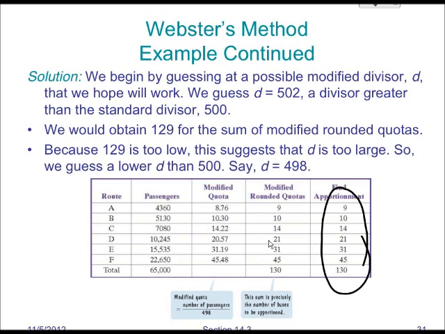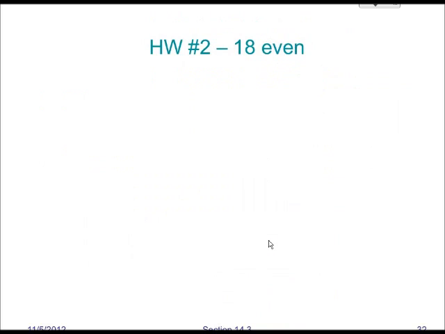So here's our final apportionment. For Webster, this is the trickiest because numbers can be rounded up and or down. The others are easier because it gets rounded one way, so it's easier to guess the divisor. Homework: 2 through 18 even.